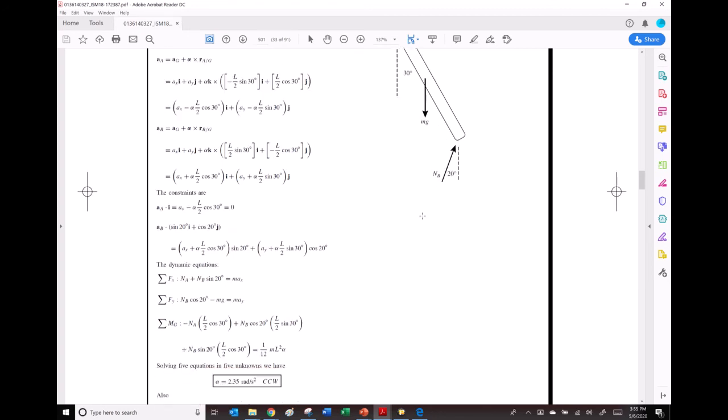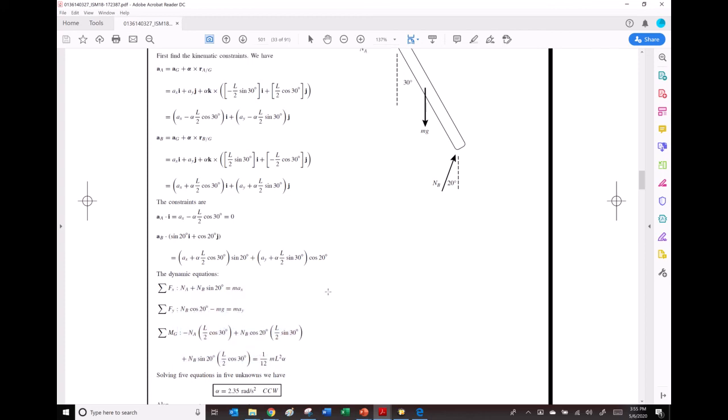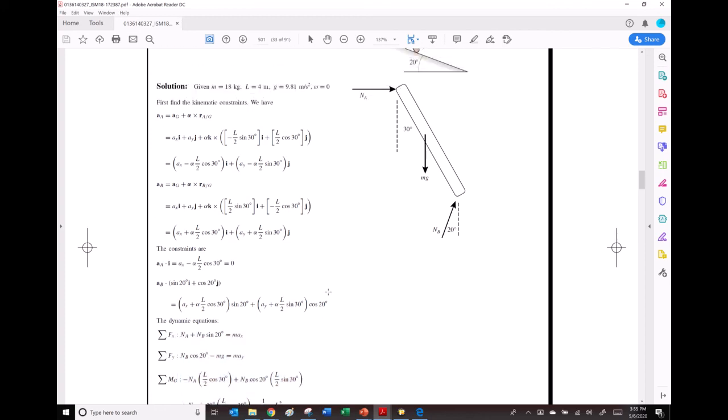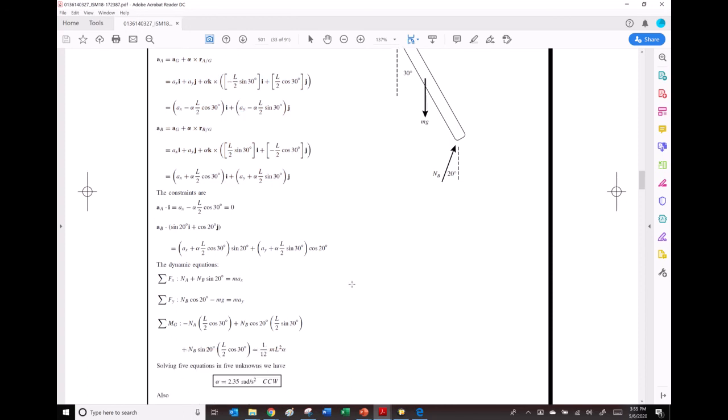You can see here's the three equations from the equations of motion right here, right? And then up above we have these relationships to establish. So there's the 5 equations that you have to deal with, and they just punt and say it's 5 equations and 5 unknowns.